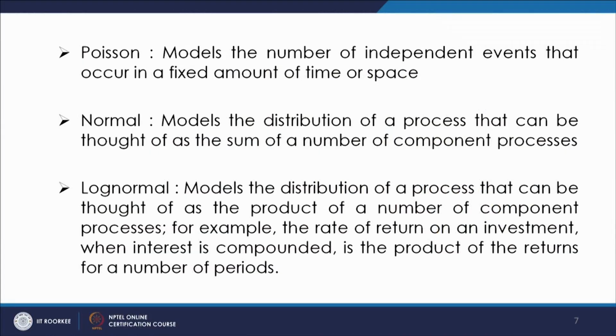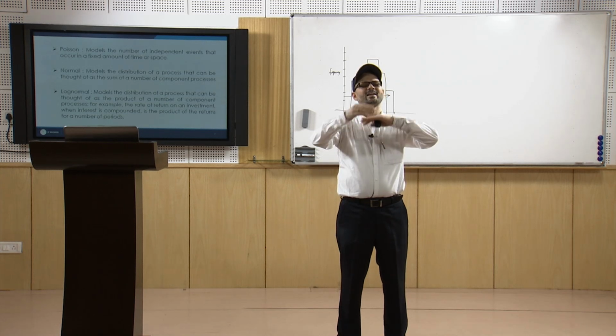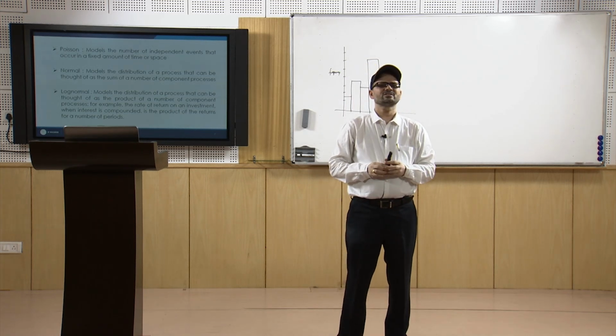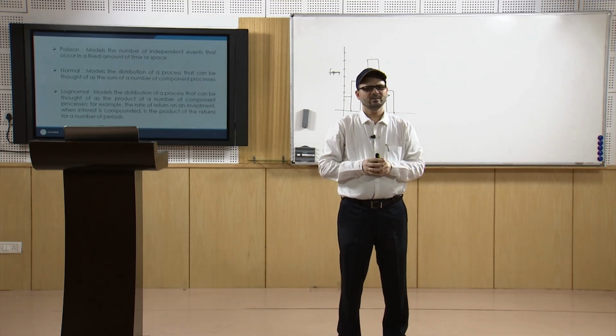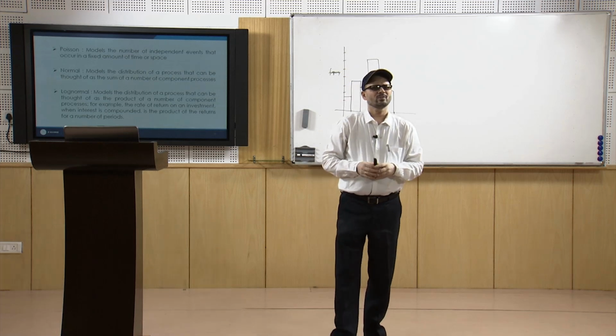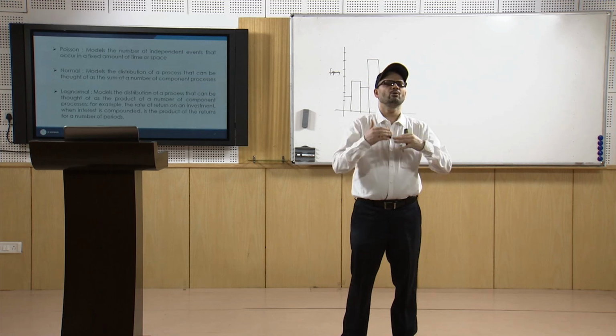Log normal is another distribution where the process is thought of as the product of a number of component processes. When the final time, or whatever final quantity you have to estimate, is the product of 1 or 2 or 3 components, the log normal distribution seems more suitable.